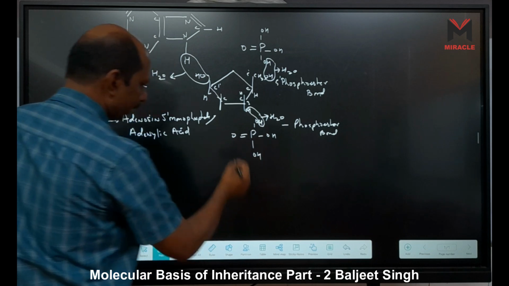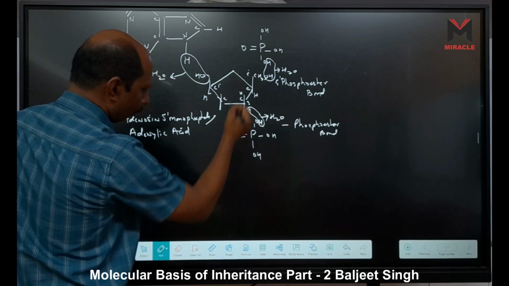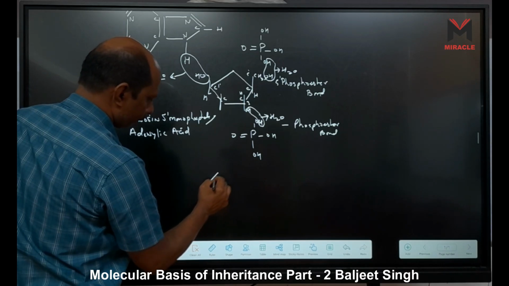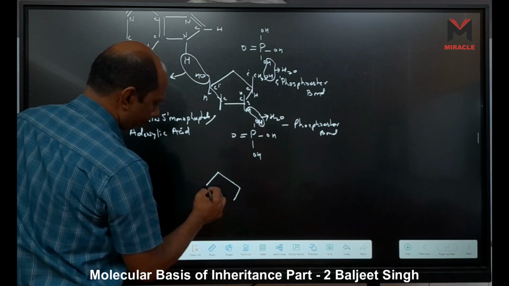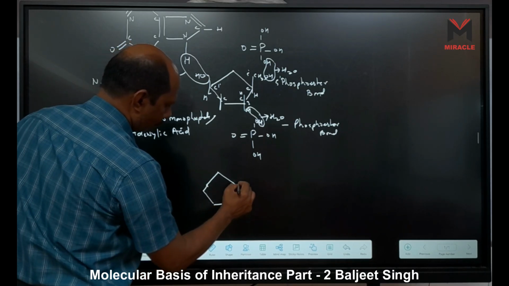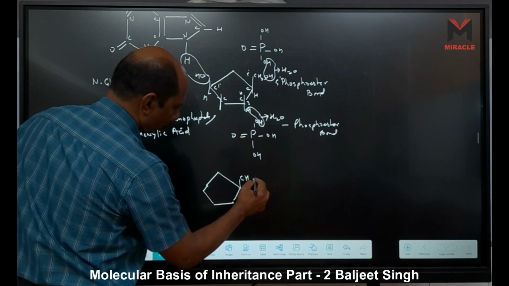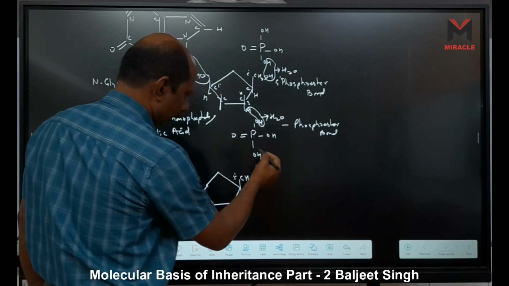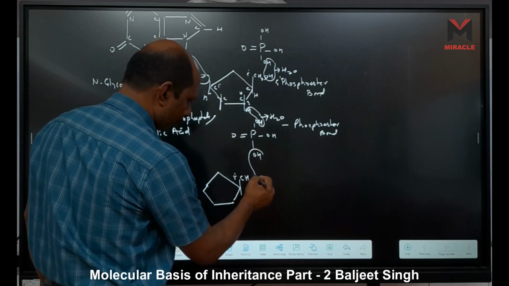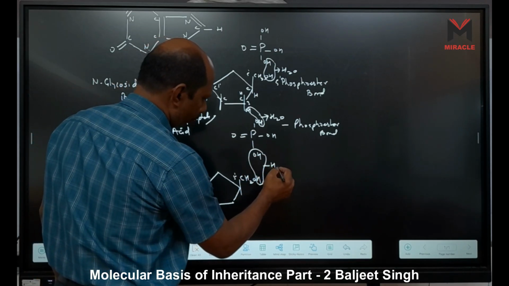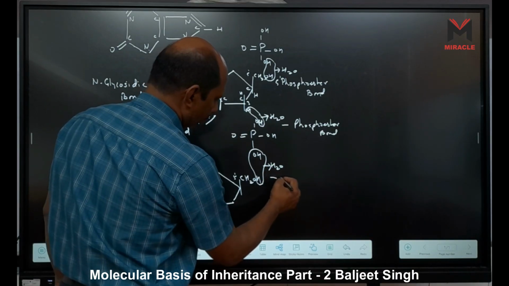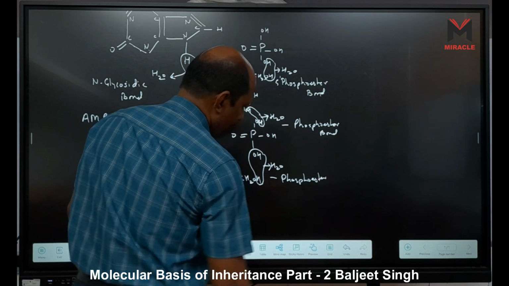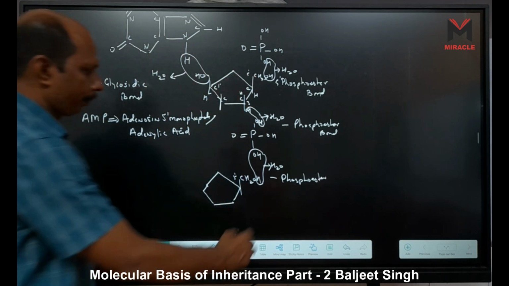Now this is the phosphorus, it is attached with another pentose sugar. I draw here the pentose sugar, right? You understand, this is the CH2OH, this is the fifth carbon, this one is attached with this fifth carbon, one H2O is released, here another phosphoester bond is formed, ester bond is formed, right?